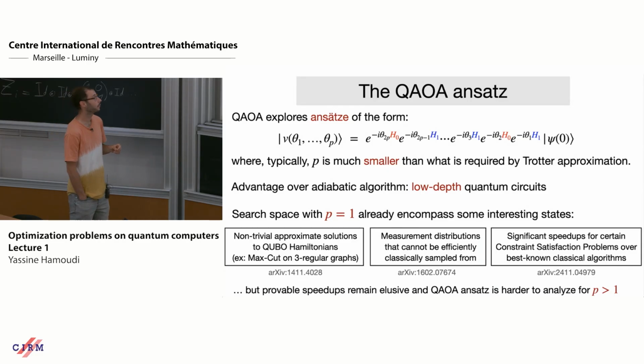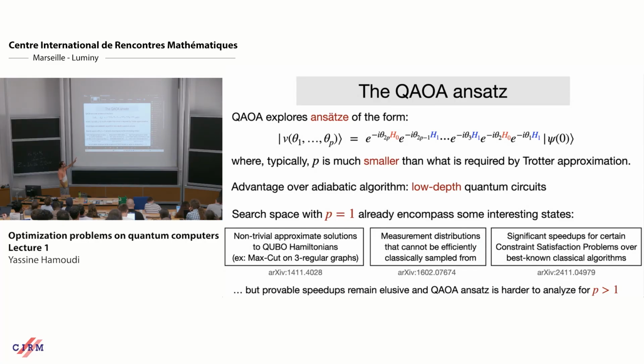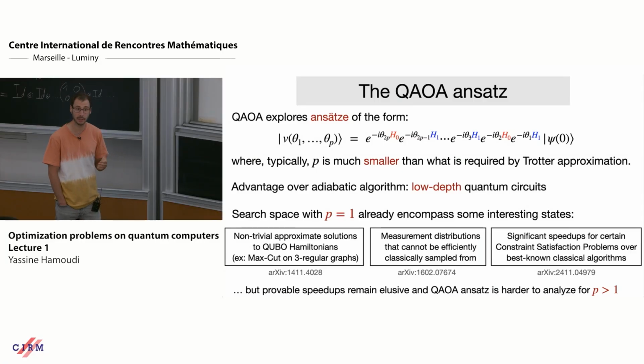So, for instance, the corresponding state that we obtain at the end with this kind of ansatz is giving you some good approximation to some Hamiltonian, and it has also some improvement in terms of what kind of distribution it can generate. So there are some provable statements about the quality of this kind of ansatz, but the difficulty is that provable speedups remain difficult to prove, and when p is larger than 1, it becomes even harder to analyze theoretically how good the ansatz could be.